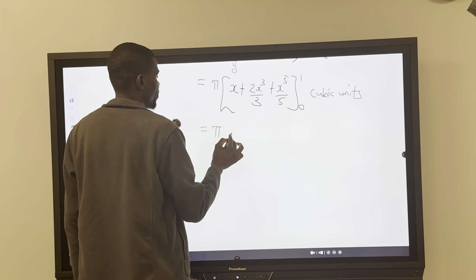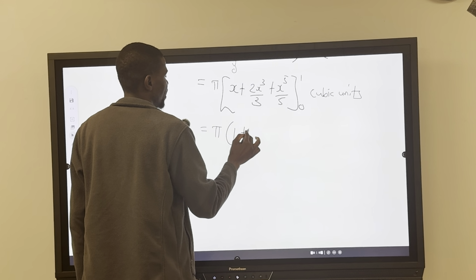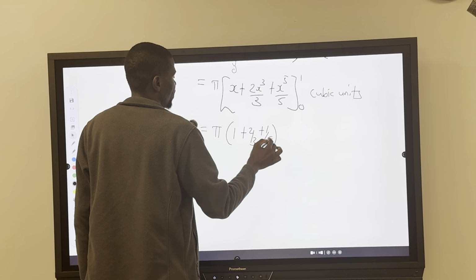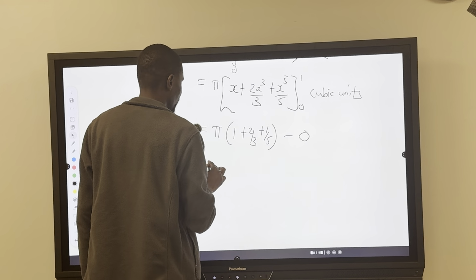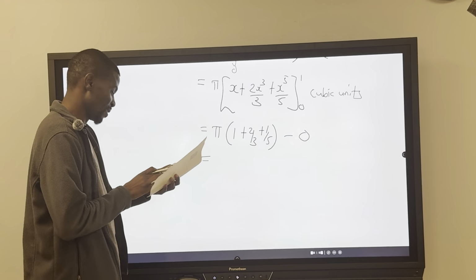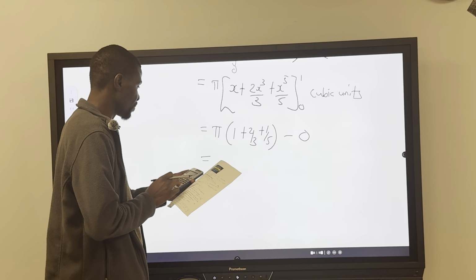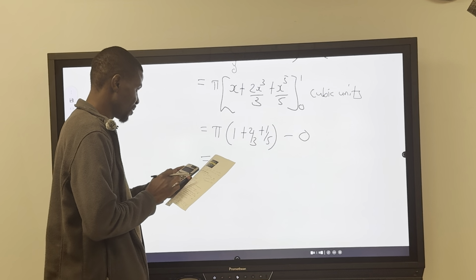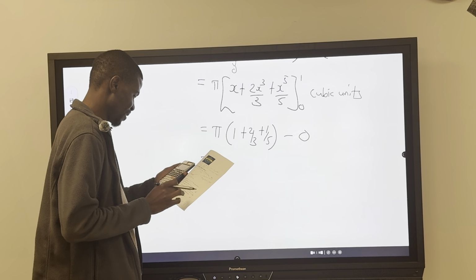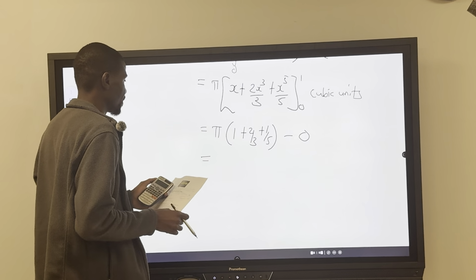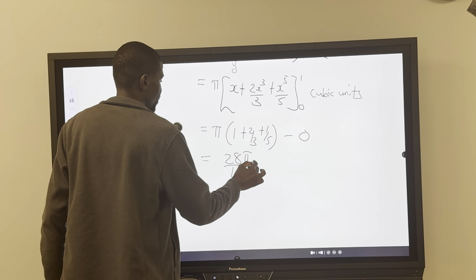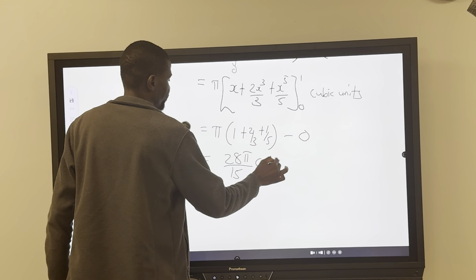If you plug in 1, it's going to be 1 plus 2/3 plus 1 over 5, subtracting 0. If I say 1 plus 2/3 plus a fifth, I'm getting 28 over 15. So it's going to be 28 pi over 15 cubic units.